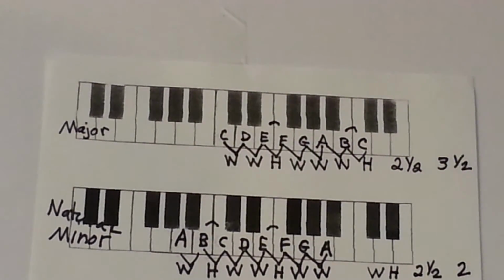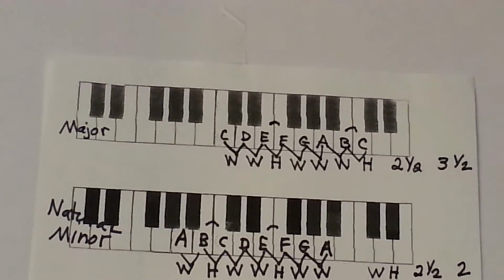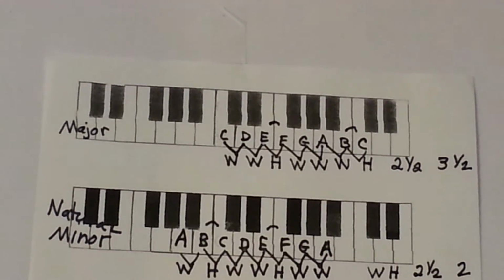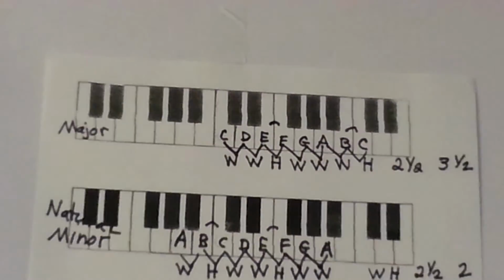Whatever is easiest for you. But I will say to you that I often just remembered A to A, and then I would just look at the picture of a keyboard to give the answer. And I would do the same thing for the major, from C to C, and then give the answer.